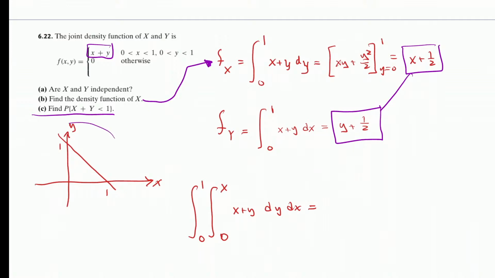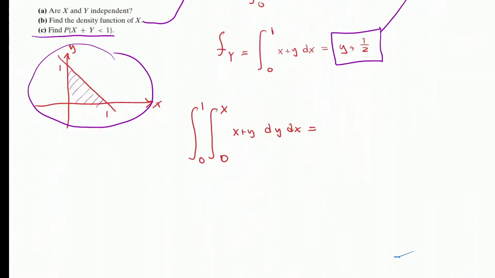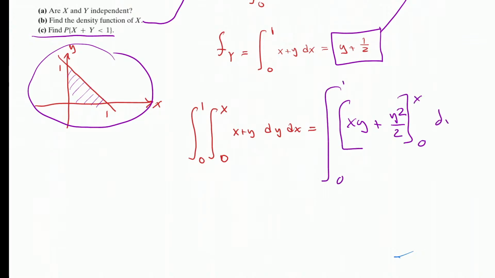And then finding this, this is what that represents. X plus y less than 1 is this region right here. So I set up my double integral. I didn't finish it, but that's easy enough, isn't it? This is going to be xy plus y squared over 2, evaluated from 0 to x, 0 to 1.